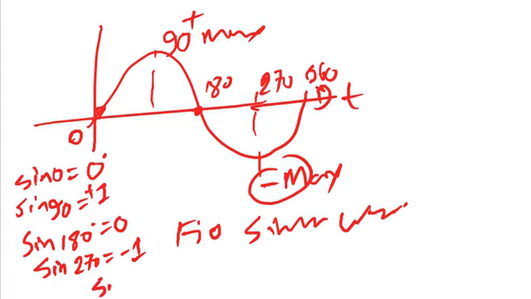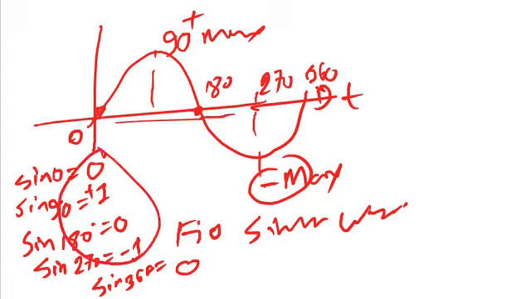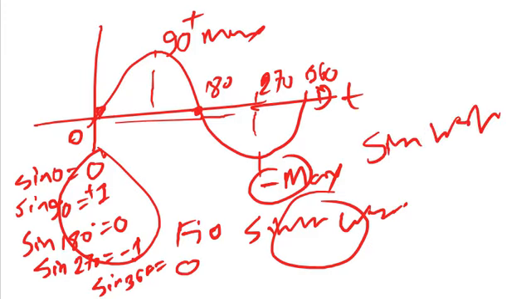Also sine 360 degree is 0. That means the whole thing is following the sine formula. So that's why we can say this is the sine wave diagram.